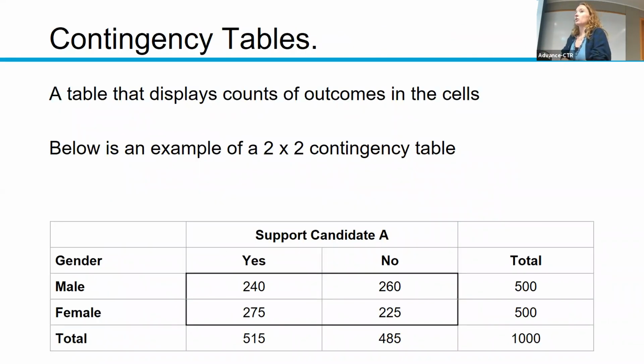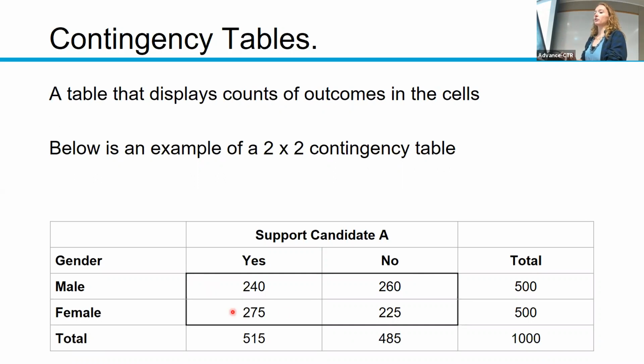So with categorical data, we can use contingency tables to display the outcomes and further explore this data. So here we have an example of a 2x2 contingency table. The variables that we're looking at are gender, and whether or not that subject supports candidate A. Now, with these two binary categorical variables, our subjects can fall into one of 4 categories, and their counts are listed here.